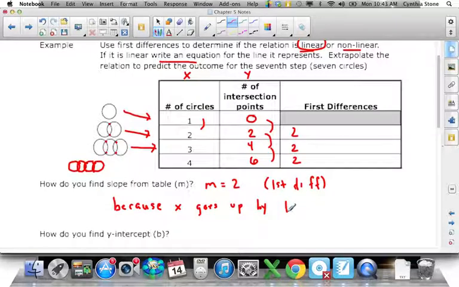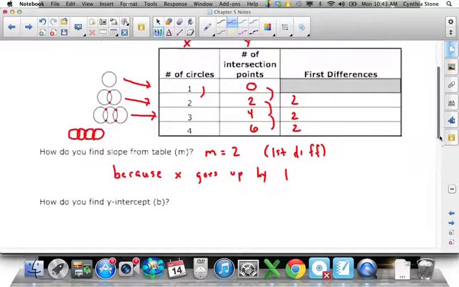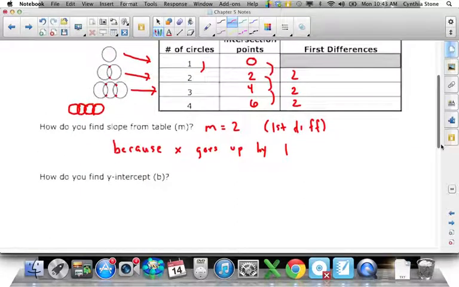Okay, now the y-intercept, how do you find that? Well, the y-intercept, again, is the y value where x equals 0. Well, that's not on my data point.